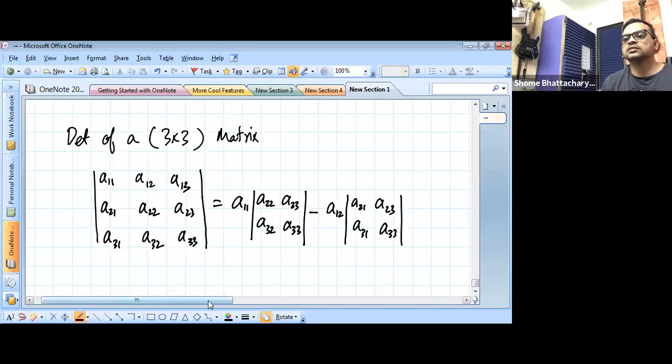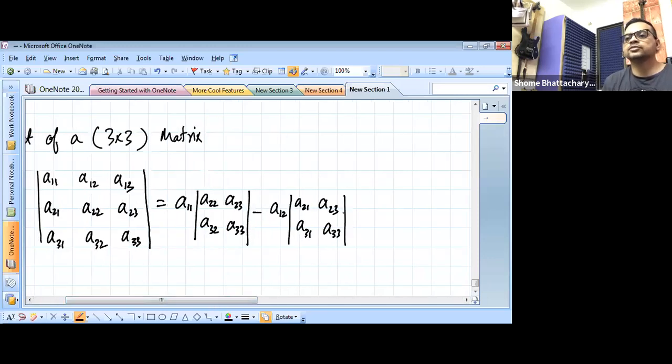And then similarly, take the last term of the first row, A13. Now remove the first row and third column, so you're left with this 2 by 2 matrix. So it is A21, A22, A31, A32. And then next we solve this.